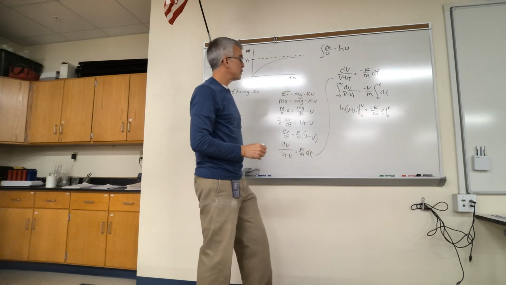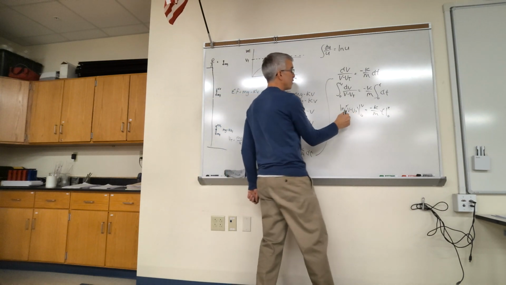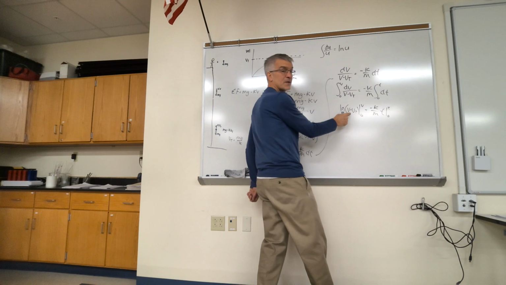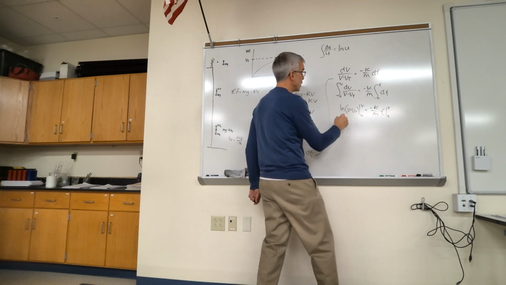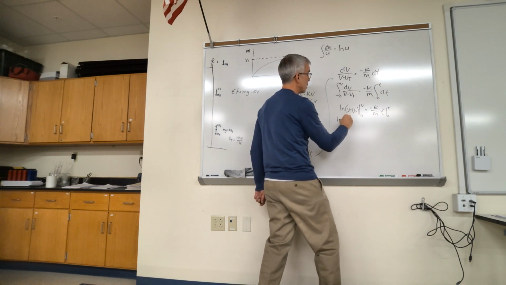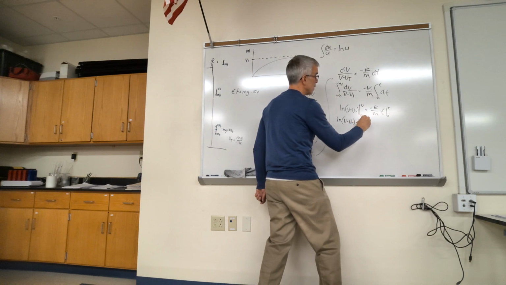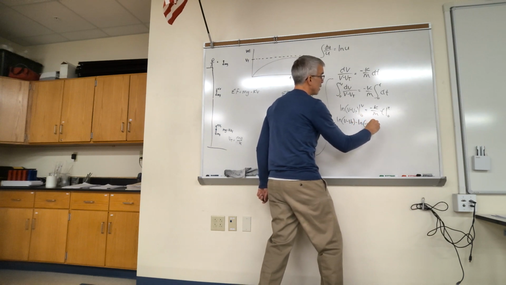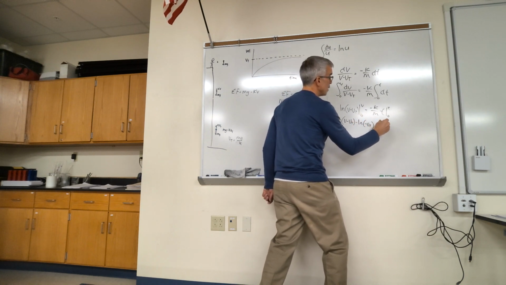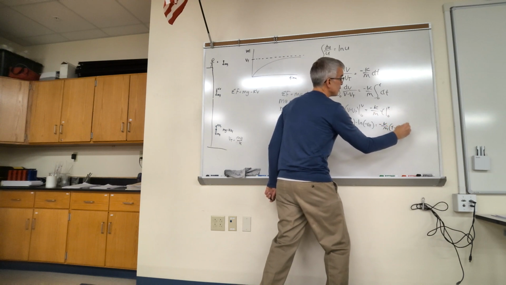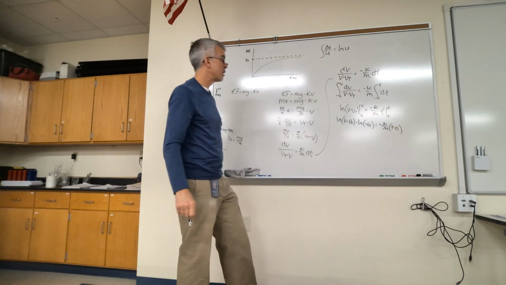Okay, so on the left hand side I'm going to plug in v for v, and I'm going to plug in 0 for v, and I'm going to subtract those two things. So I'm going to get the natural log of v minus vt minus the natural log of negative vt equals negative k over m times t minus 0. Okay.